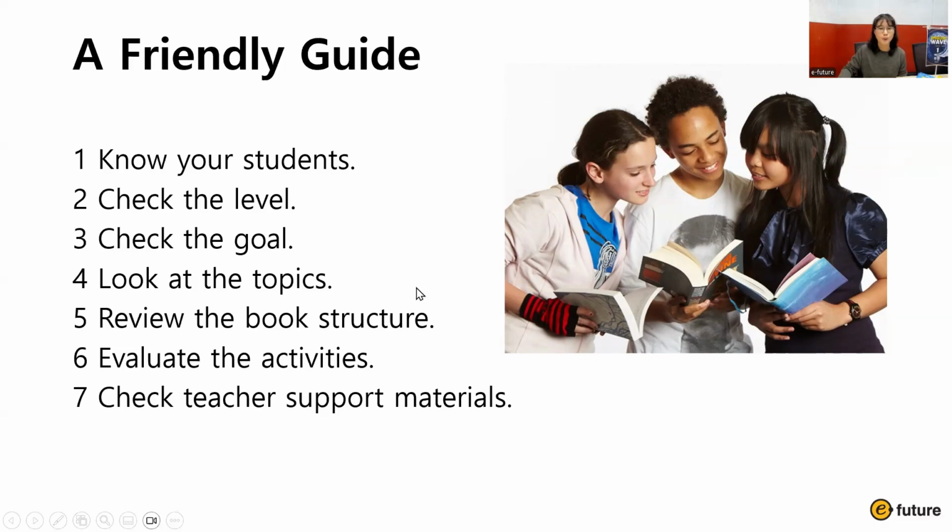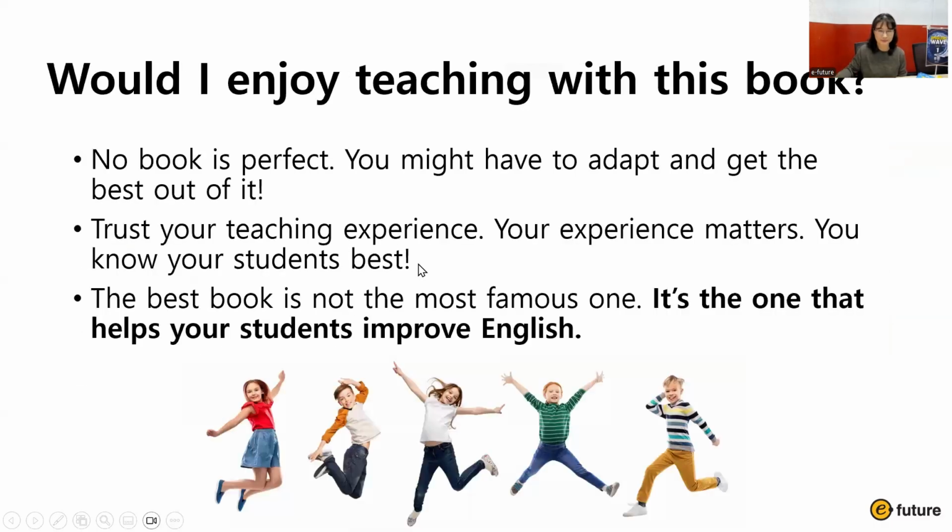And one more important thing is here. This question, would I enjoy teaching with this book? Right? This is another important question, right? That you have to ask yourself, would I enjoy teaching with this book? Right? You should enjoy too, not only your students, but you should enjoy too, right? Happy teachers make happy students, right?